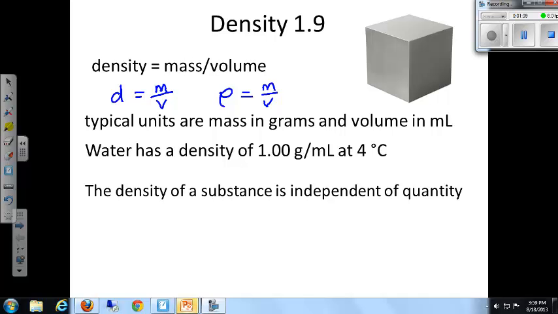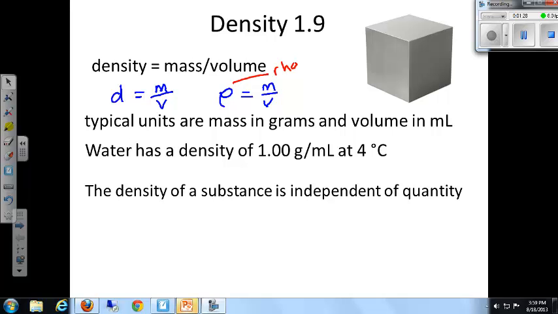You can use D or rho. It's R-H-O. All right. Well, I'm going to use D because rho looks a lot like a P to me, and that's confusing.